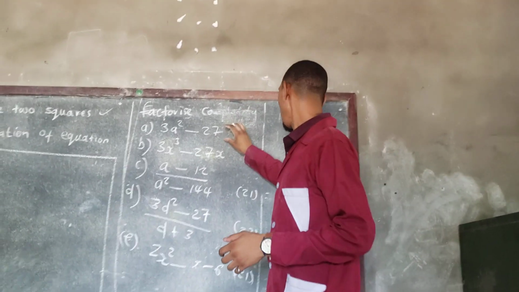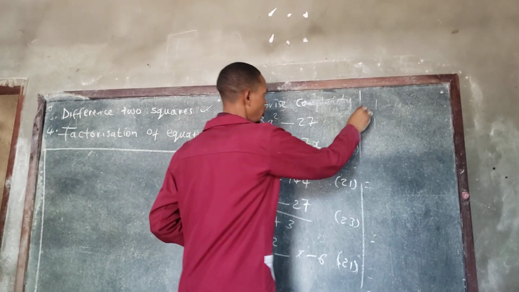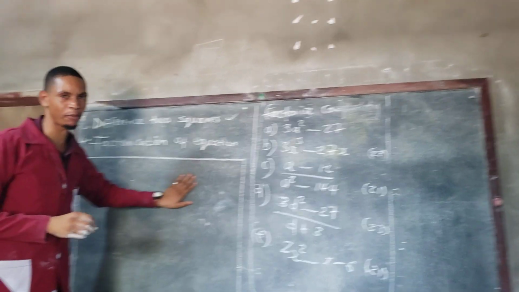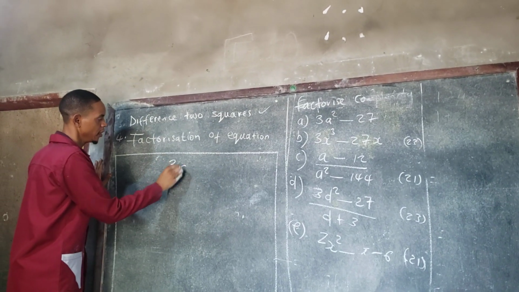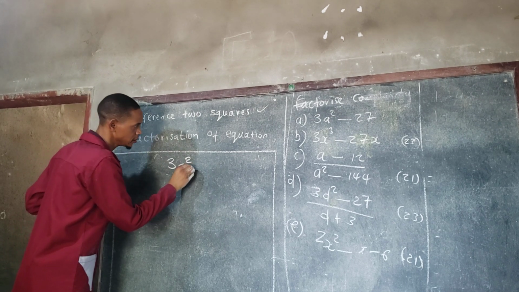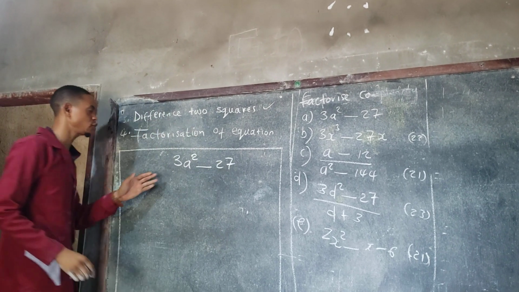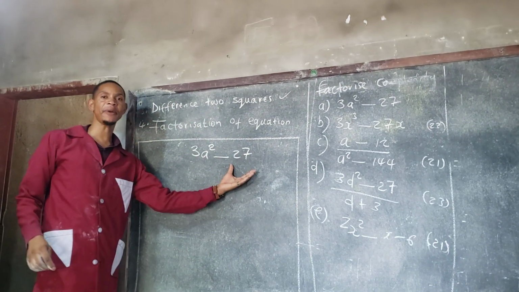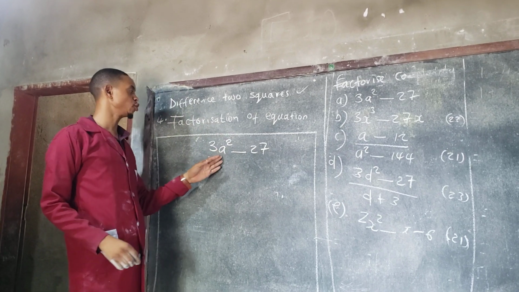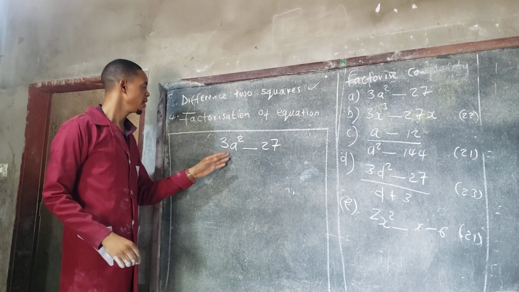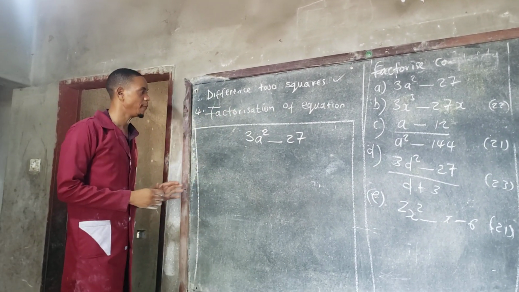So here I have 3a squared minus 27. I'm told to factorize this completely.